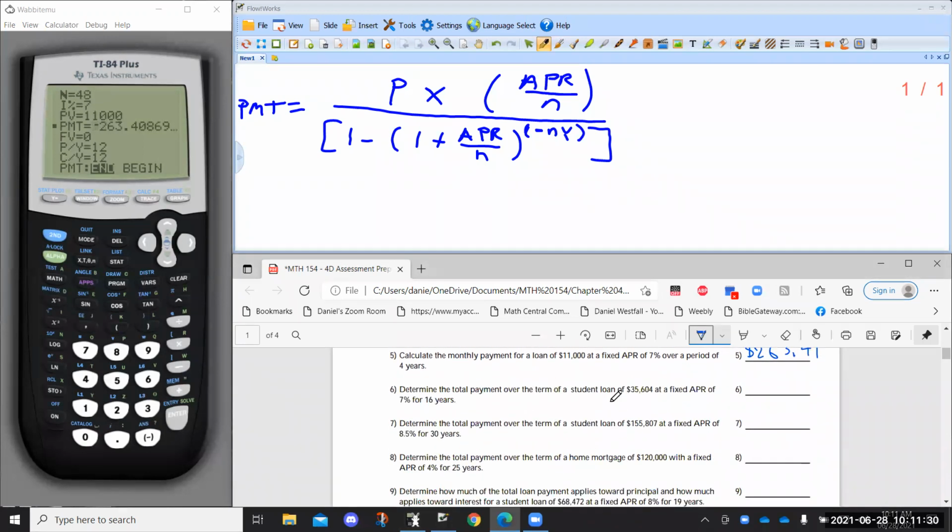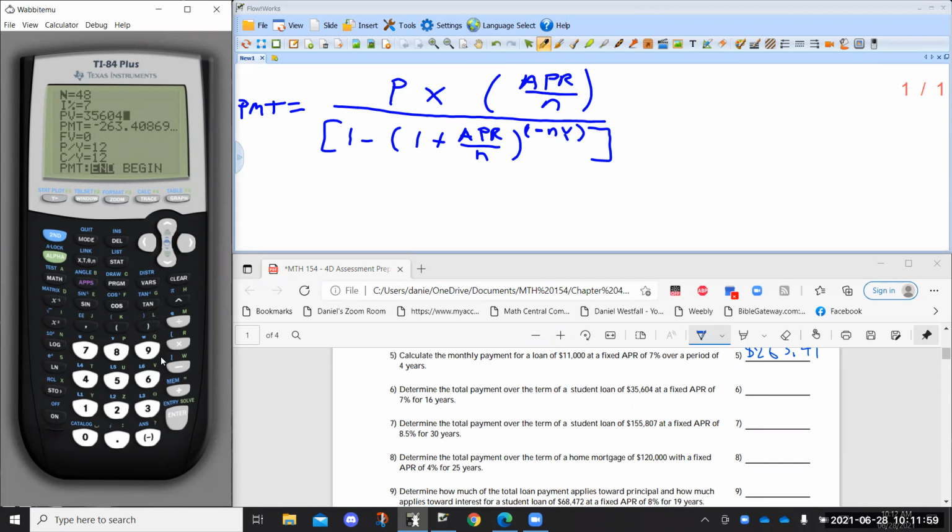Moving right along to number 6. Determine the total payment over the term of the student loan. This is slightly different, not that different, but $35,604 is the present value of the loan.